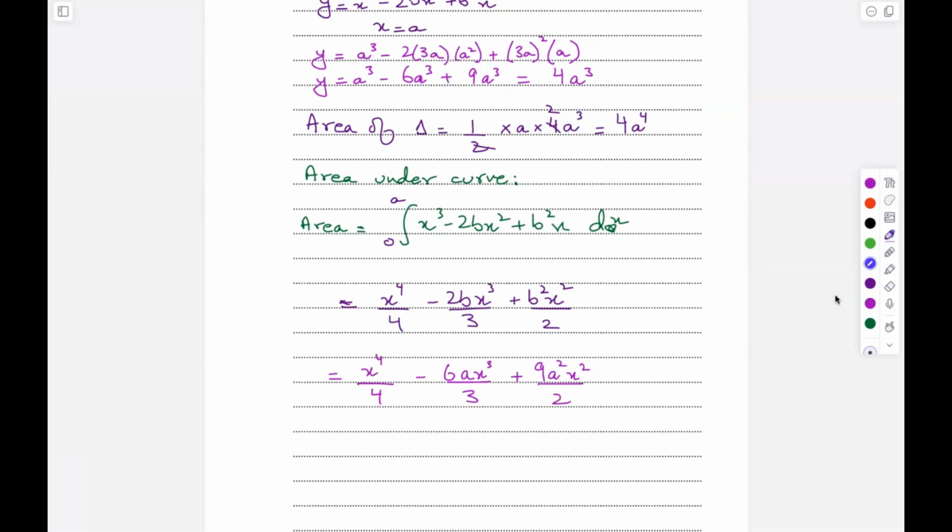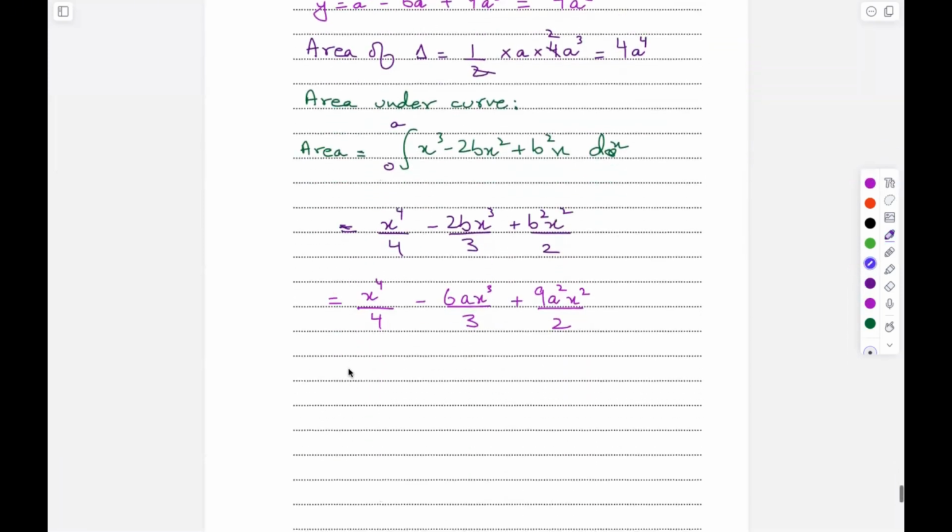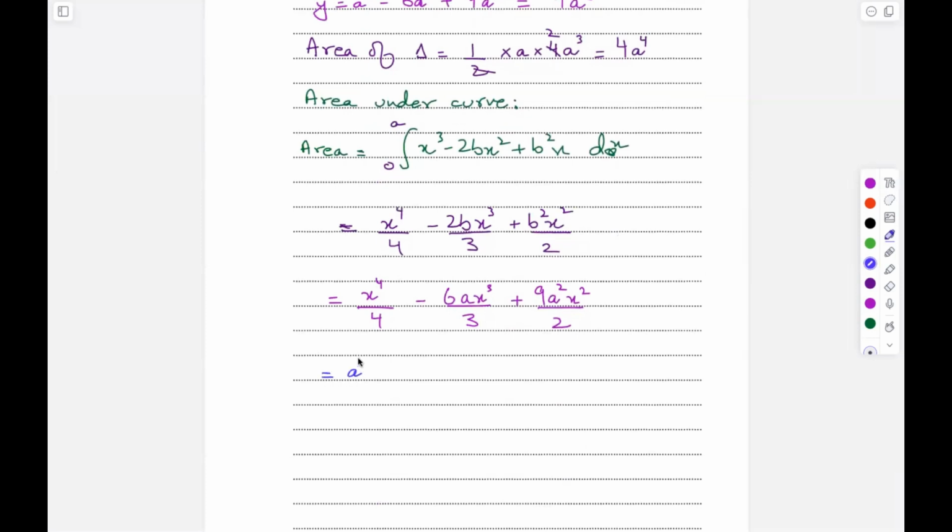Now substituting the value of x, the upper limit is a, so this will become a to the power 4 upon 4 minus, this will cancel out, we'll get 2a and x is a, so this will become 2a to the power 4, and this will become plus 9 upon 2, and x squared will become a to the power 4, as x is a.